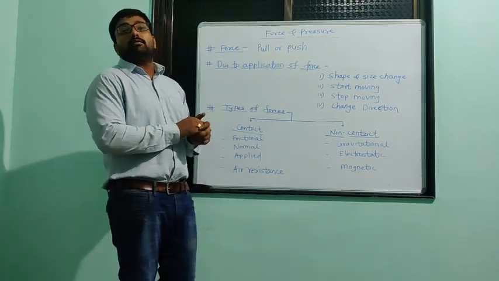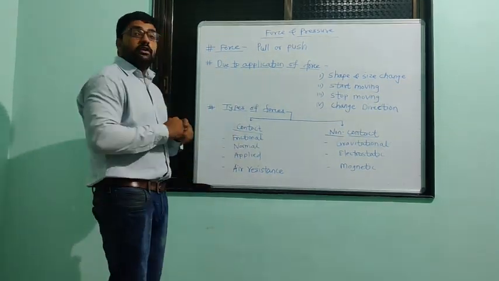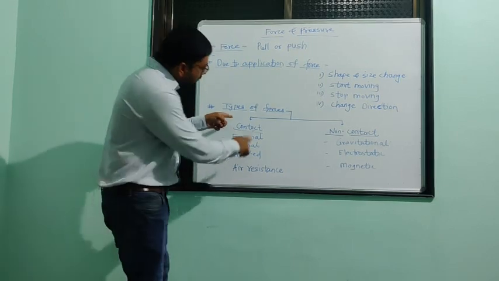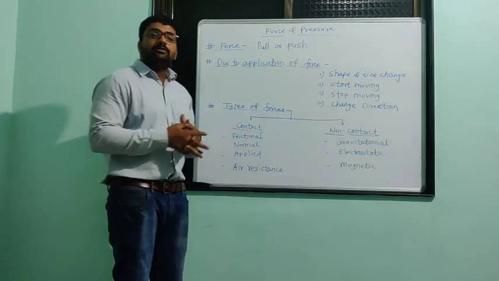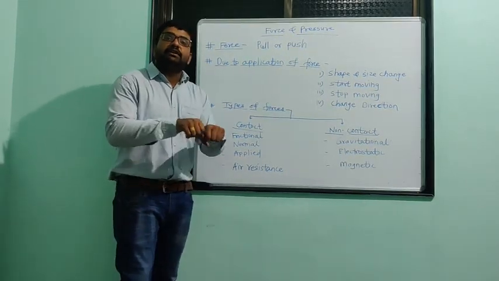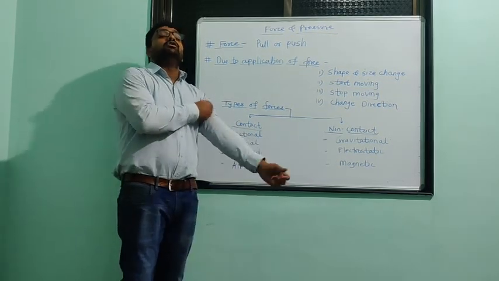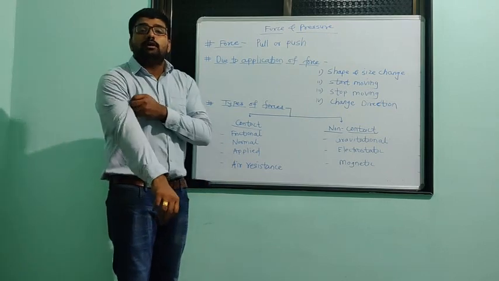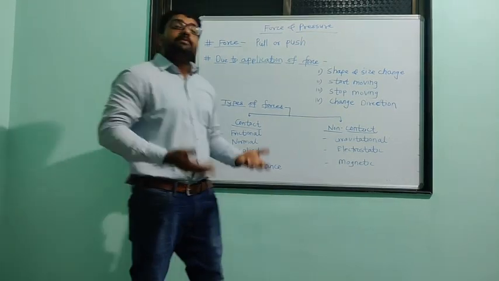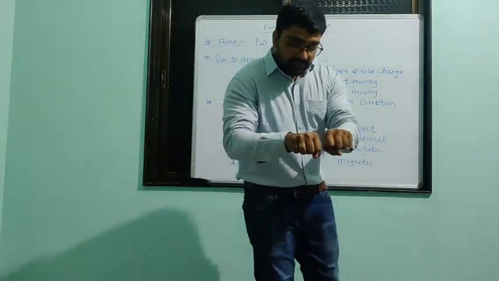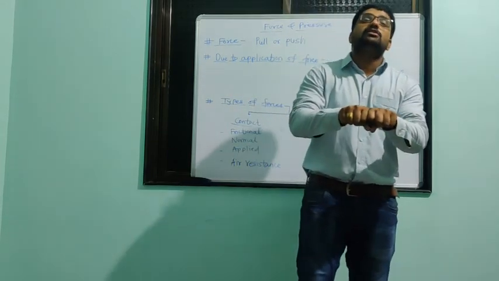First we have to see contact force. If we look at this word contact, contact means what? Simply, in touch. So in contact force, two objects are in direct physical contact with each other.